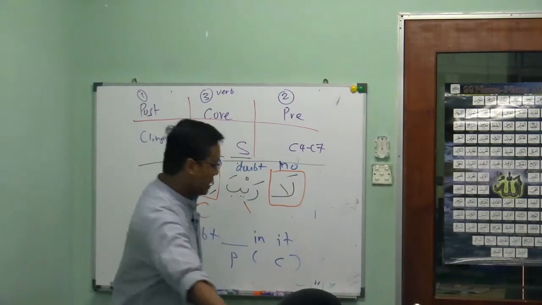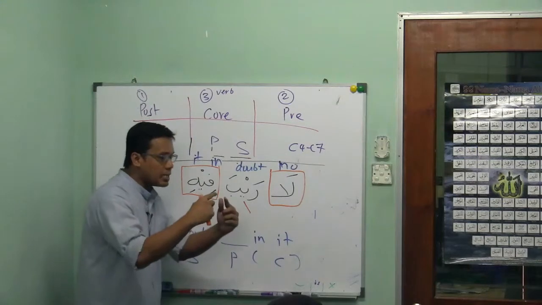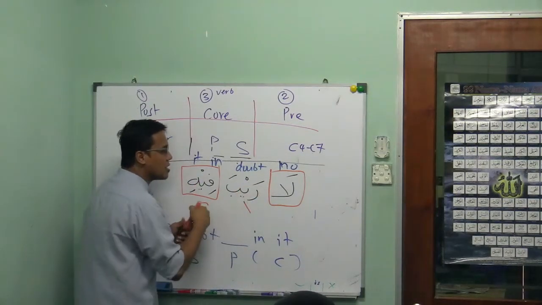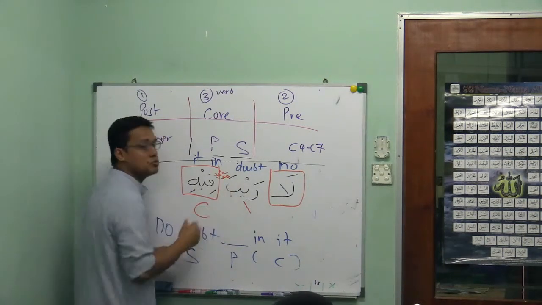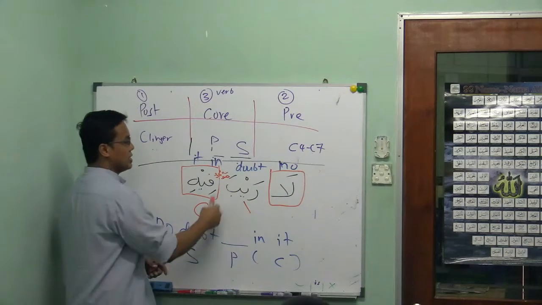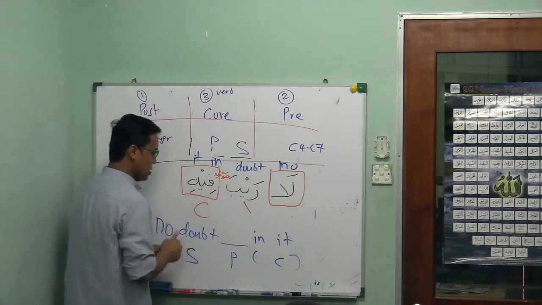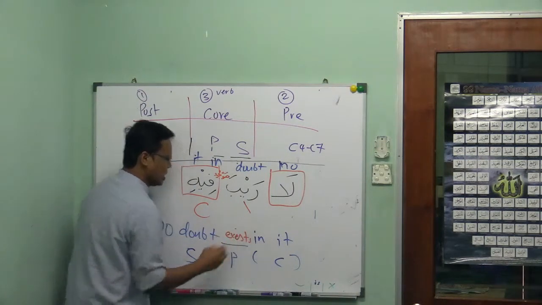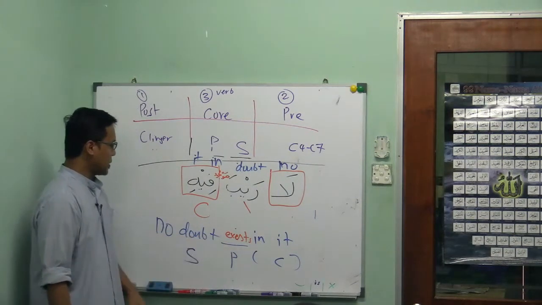So originally the sentence is la raiba mawjudun fi. There is no doubt is in it. Or exists. No doubt exists in it. So there you go. There is a predicate there.